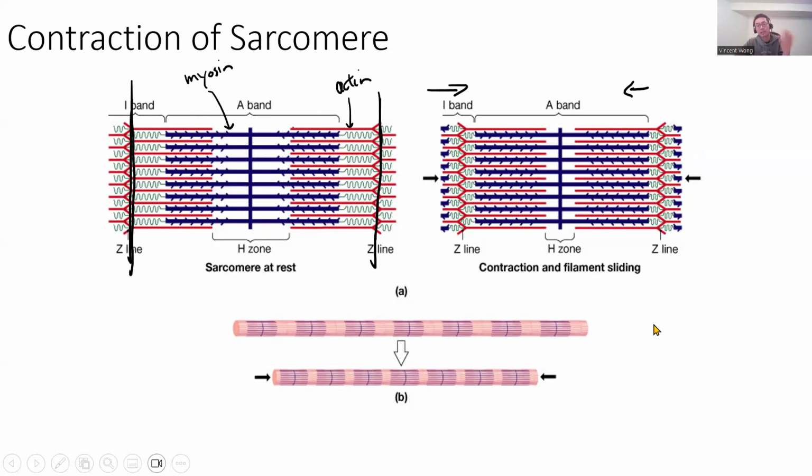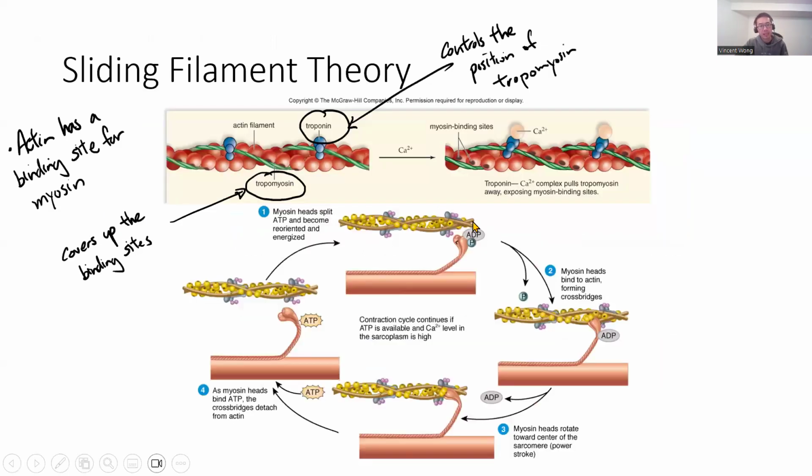But right now, it's not happening because the binding sites are covered up by the tropomyosin, and the positioning of the tropomyosin is controlled by the troponin. So how do you get this thing to go out of the way? Well, you're going to need calcium.